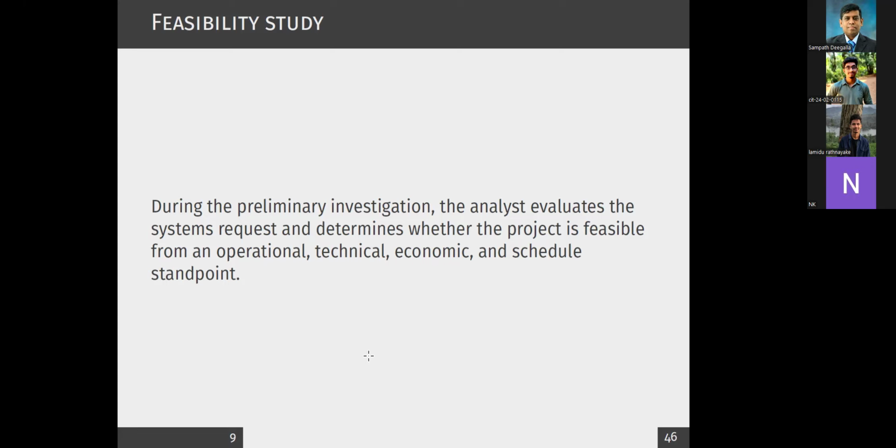Third one, economic feasibility. Economic means whether you have the money, because developing an information system means you have to spend quite a lot of money. As an organization, is it economically feasible? You know that software is not cheap, right? Software is not cheap.